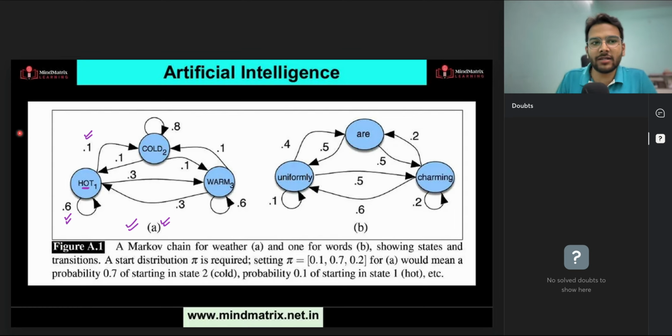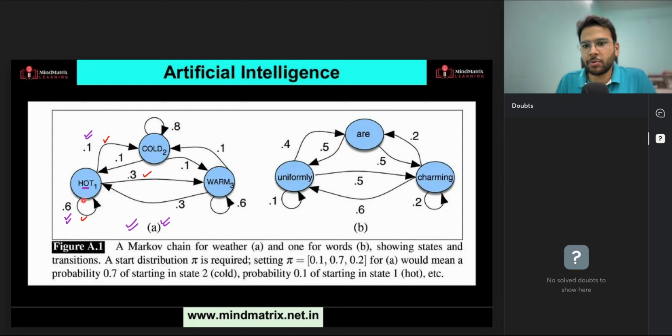What next? The important thing that we have to consider in the Markov chain, if you carefully observe this first diagram or any Markov chain diagram, is that whatever outgoing arrows you have from a certain state, the sum of those probabilities will be 1. Let's verify it here. This is the outgoing arrow from the hot state, this is an outgoing arrow, and this one is also an outgoing arrow.